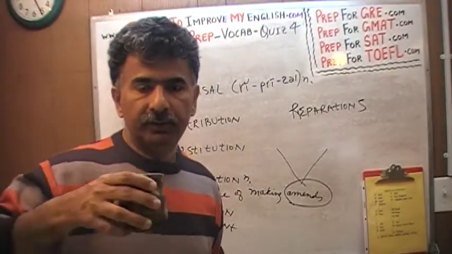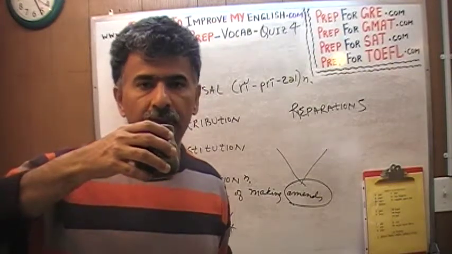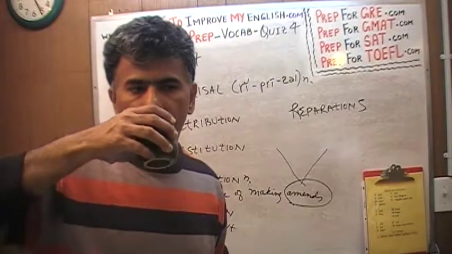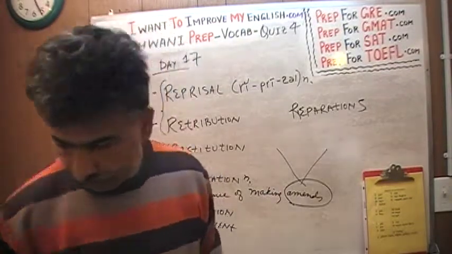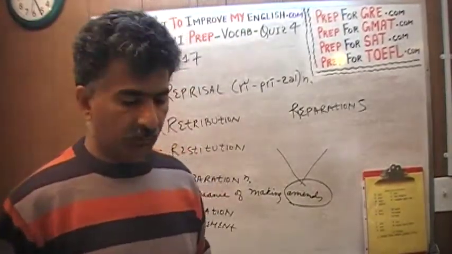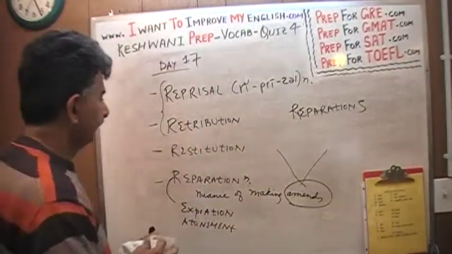So the country that was defeated in the war is being asked to pay reparations payment to the victor for all the damages that the loser caused. For example, Germans were required to make a reparations payment after the Second World War. Day number 18.